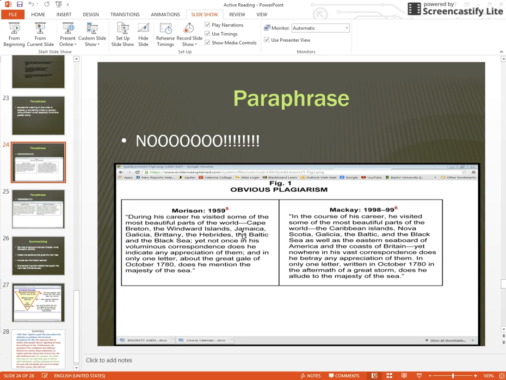Again, looking at the structure, on the right-hand side you will see in the course of his career. In the course of his career is pretty much the same as during his career. He visited some of the most beautiful parts, and so forth. You're mimicking the same thing. You're just rephrasing a couple of words. No, that's plagiarism, my dear.